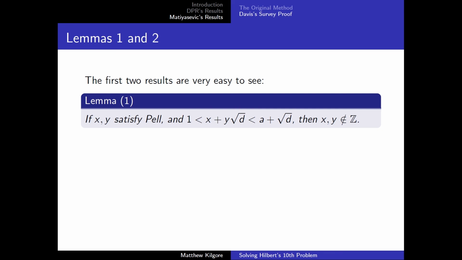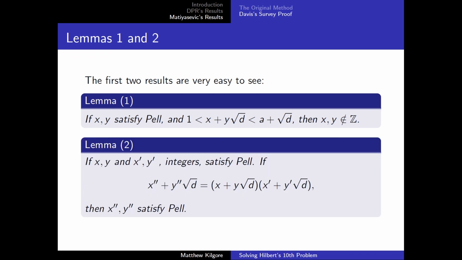Lemma 1 states that if x and y satisfy Pell's equation, and 1 is less than x plus y root d, which is less than a plus root d, then x and y aren't integers. In other words, if x plus y root d falls in this range, there's no integral solution.